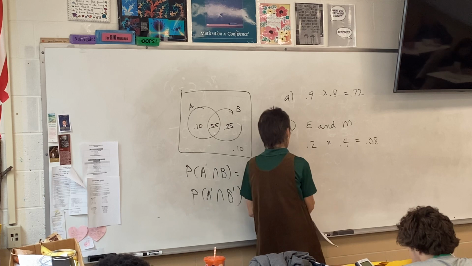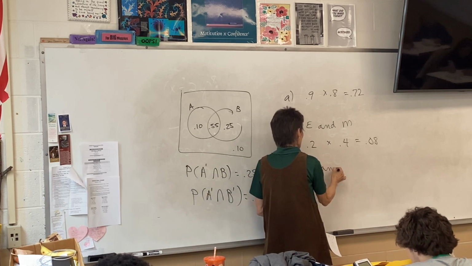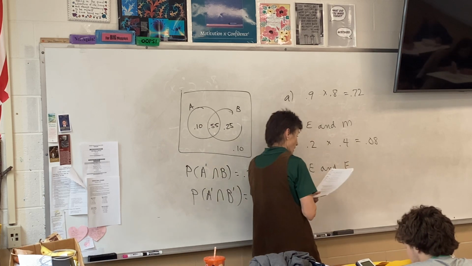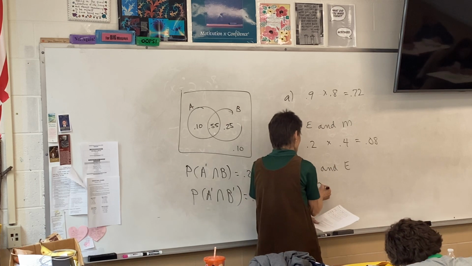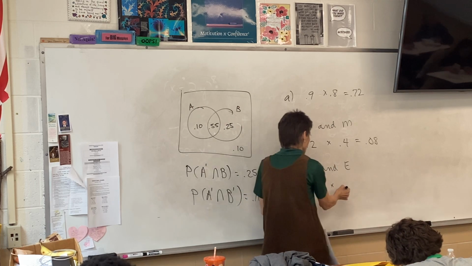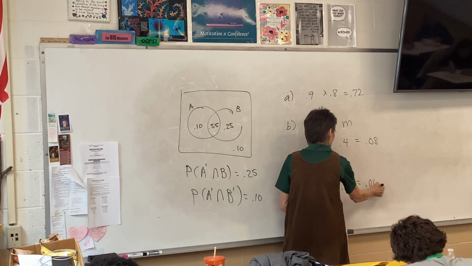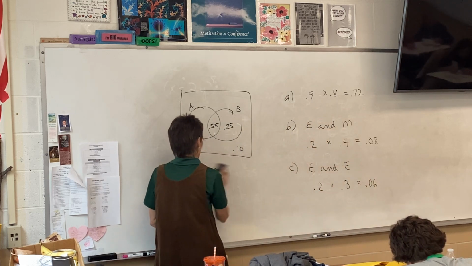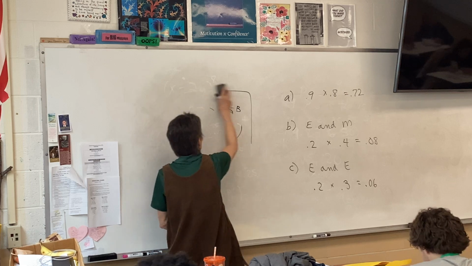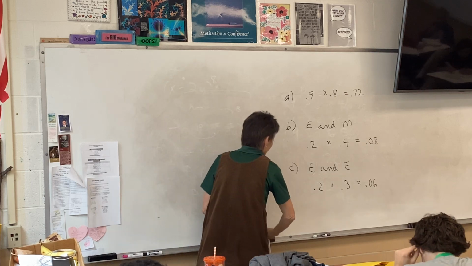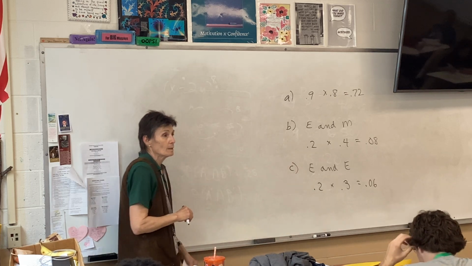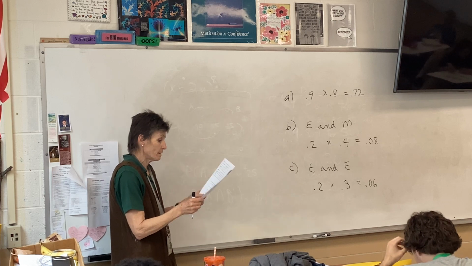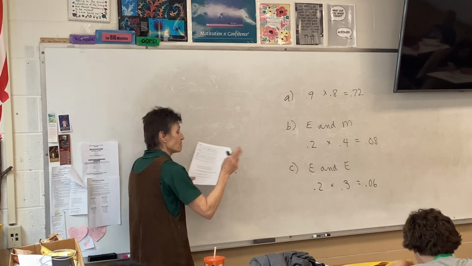Both like English. So English and English. 0.2 times 0.3, 0.06. And now we've got the harder one, because what does this mean?